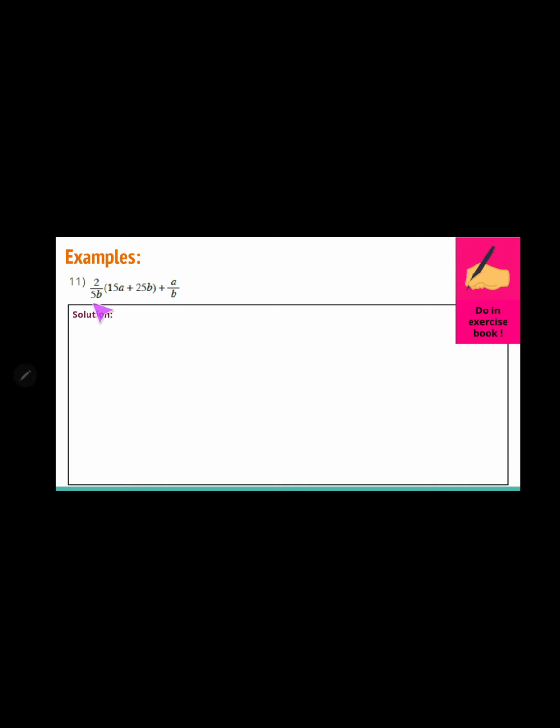Bracket means bring it in. If you do not know how, just do it on a sketch. 2 over 5b, multiply by 15a first. So 5 cancel, you have 3. So I will have 6a over b.